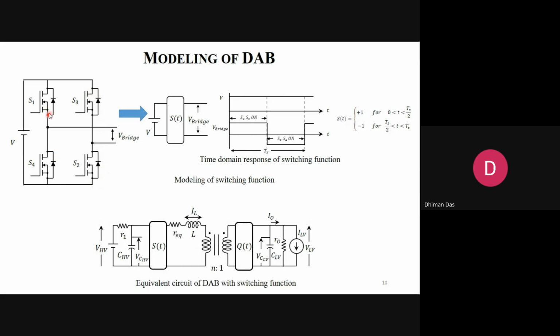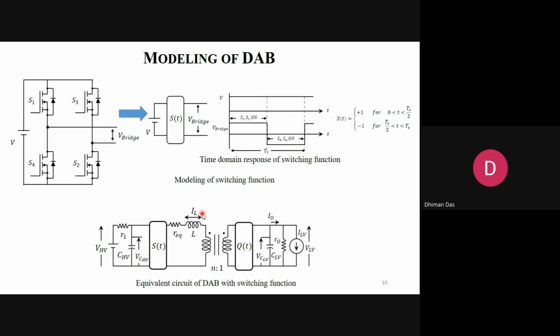So your complete S1 to S4 becomes S of t, where S of t is plus or minus 1 for a full bridge. For a half bridge, it is plus 1 and 0. If you multiply this plus or minus 1 with the input VBus, you see the same switching phenomenon mathematically, plus V and minus V.